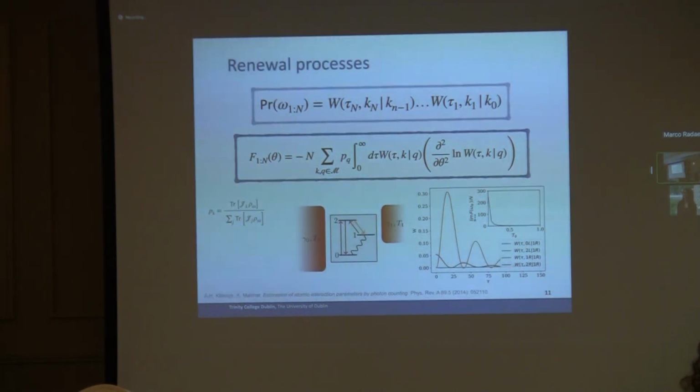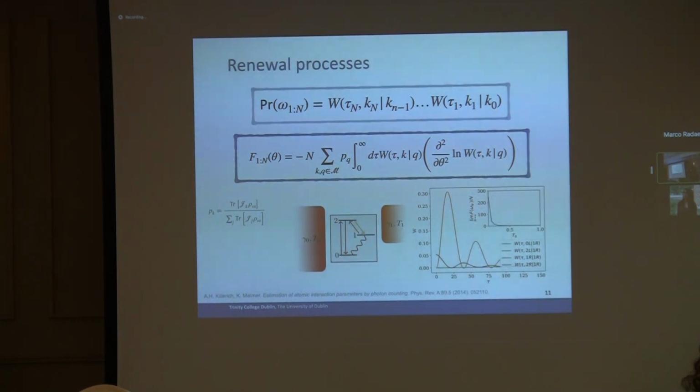In practice, the Fisher information depends on an object which is only dependent on the waiting time distribution. In practice, it's the Fisher information of the waiting time distribution. We see here the n scaling of the Fisher information, so the Fisher information grows linearly with the number of jumps.